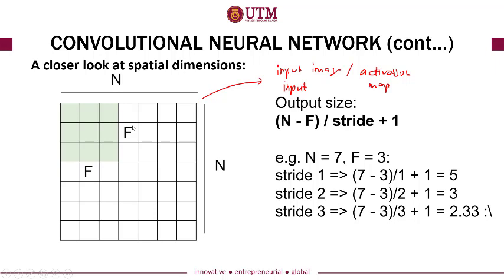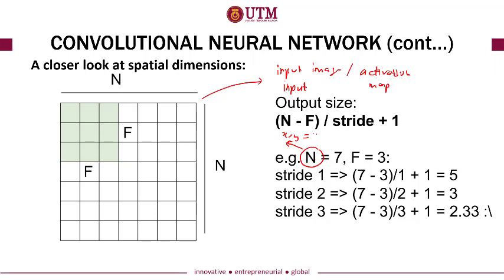Okay, so this is the formula. As you can see, the input size is n, and f here is your filter size. Normally the x size and y size should be similar.